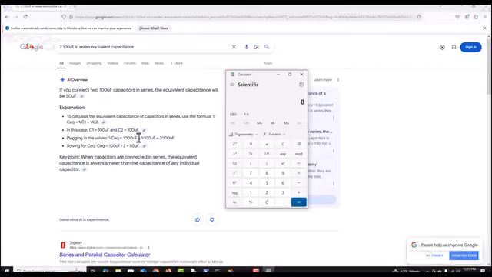1 over 100 microfarad plus 1 over 100 microfarad equals 2 over 100 microfarad. And to check that, we're going to do it on the calculator. And that's basically 1 over this.